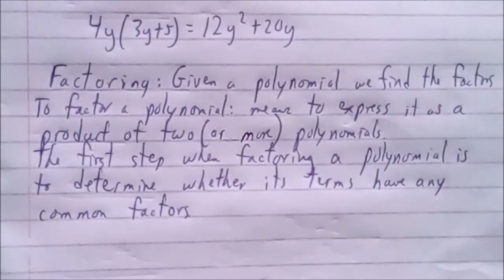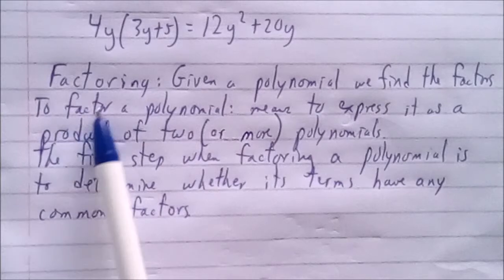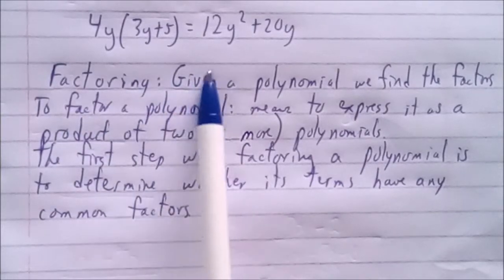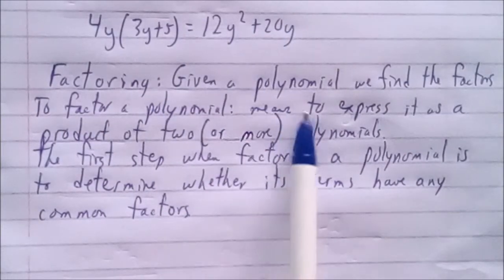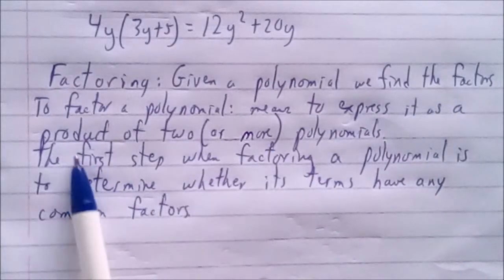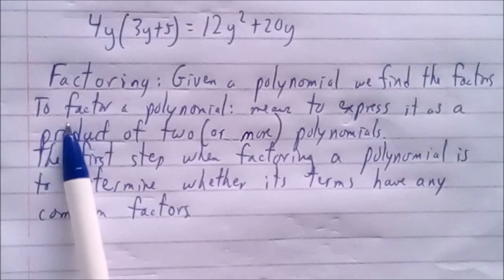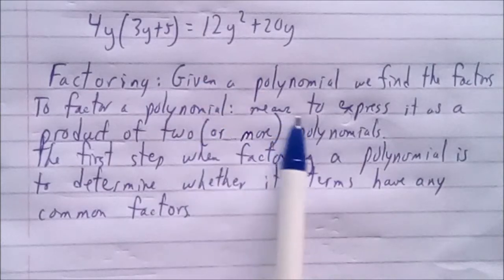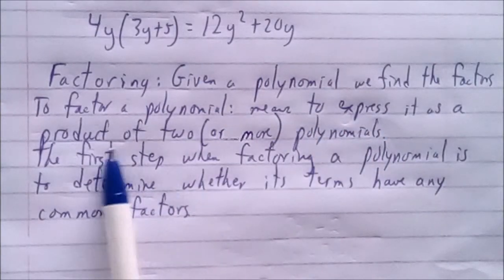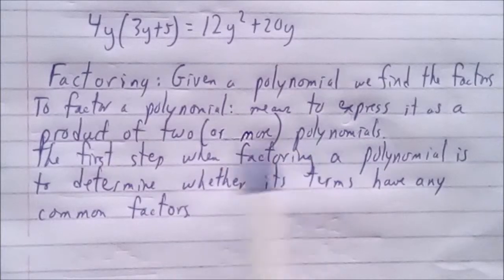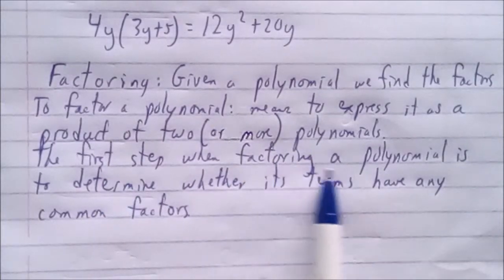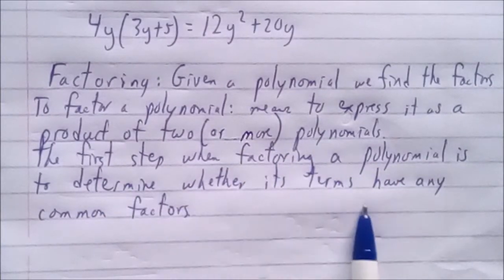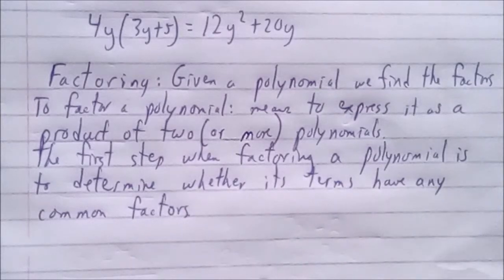So that's what it means. Okay, when we are factoring, given a polynomial as in this one here, we will find the factors. To factor a polynomial means to express it as a product of two or more polynomials. The first step when factoring a polynomial is to determine whether its terms have any common factors.